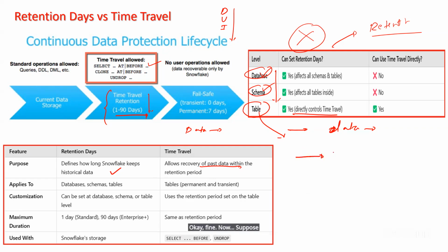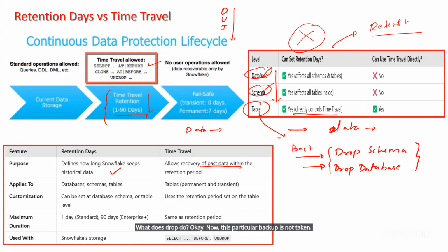Now, suppose inside your MySQL, you drop your schema or you drop your database. What does drop do? It deletes everything. Now this backup is not taken.